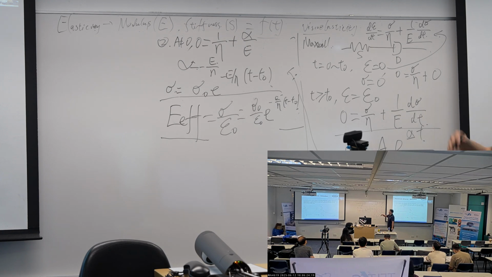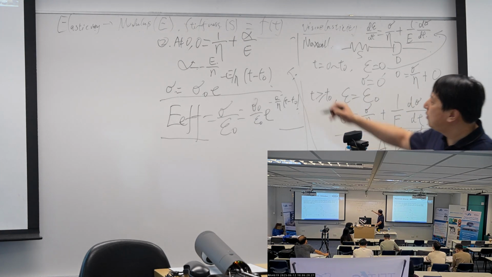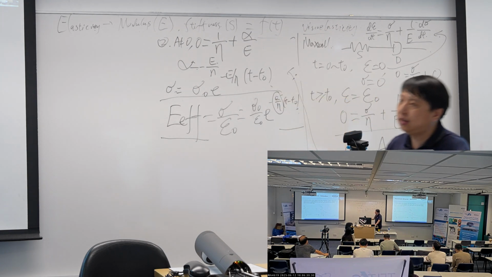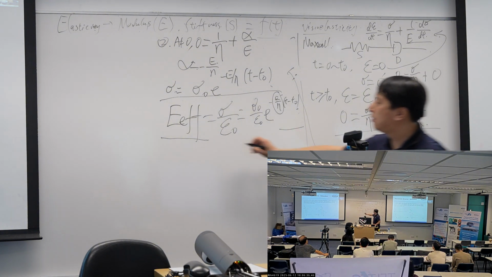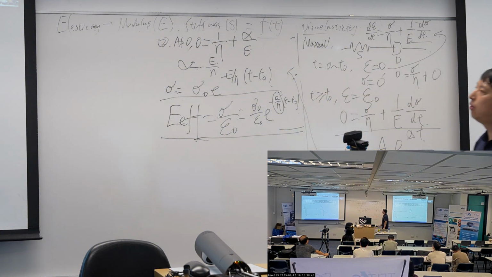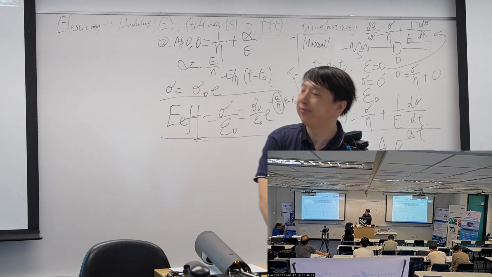How fast it is reducing is decided by the modulus part and the viscous part. And that's the result of our Maxwell model, and it is used to describe the force relaxation.